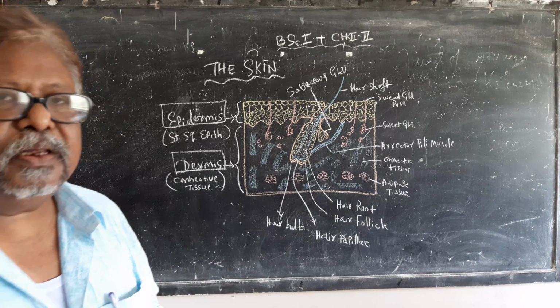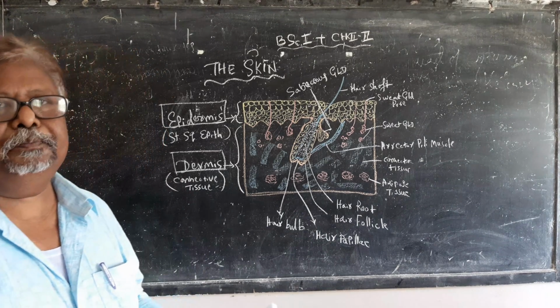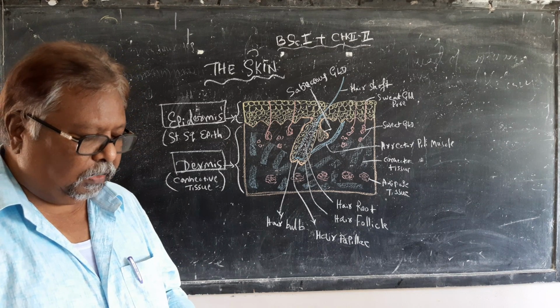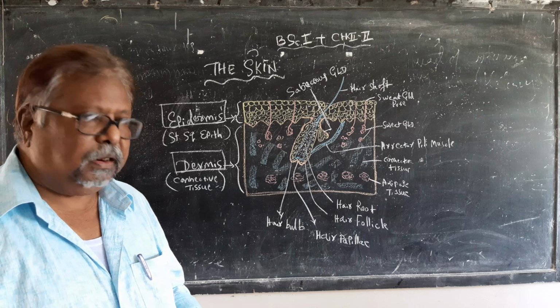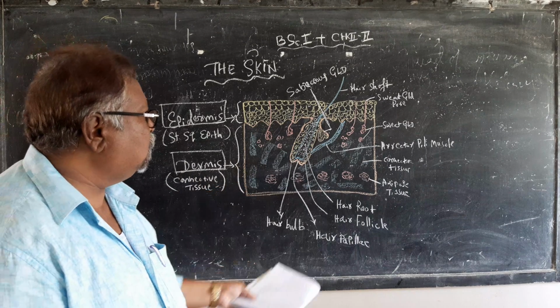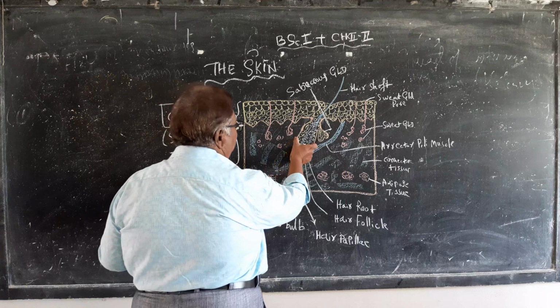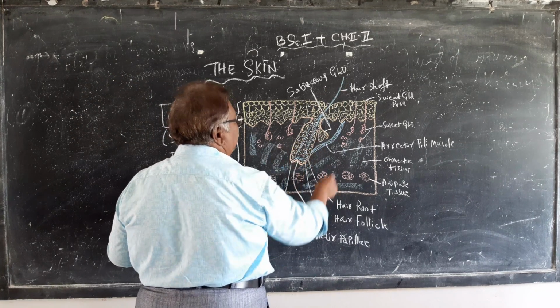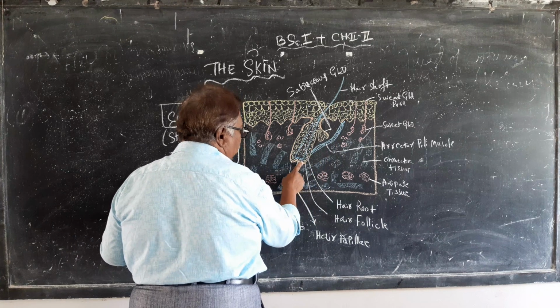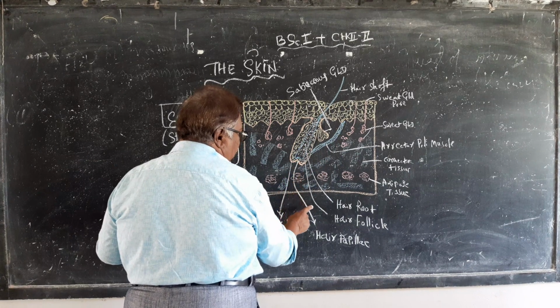The hairs are present on the skin. The skin has hair on the epidermis. So this is the structure of the hair, where the hair shaft is there. Then hair root is there.